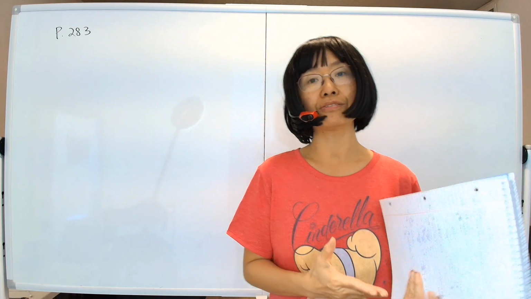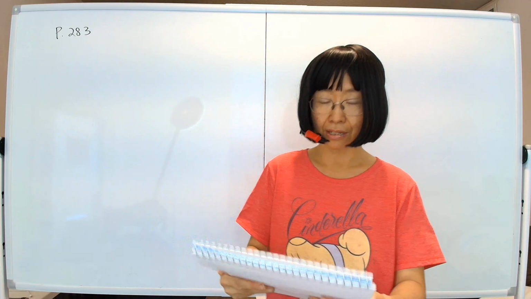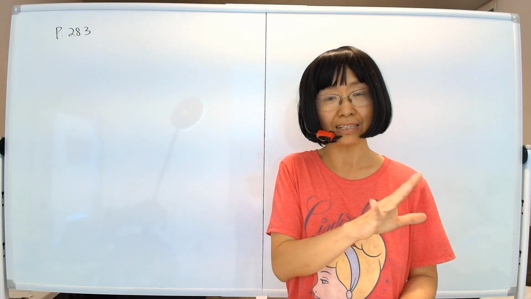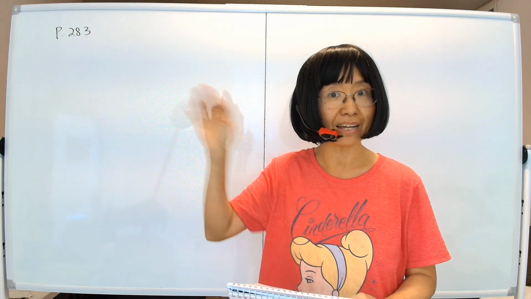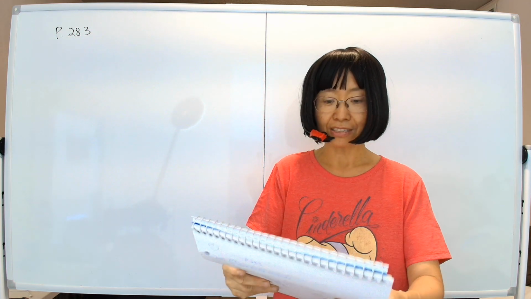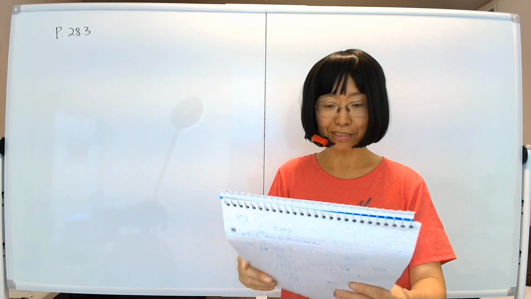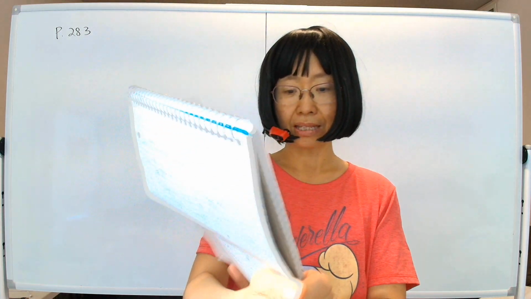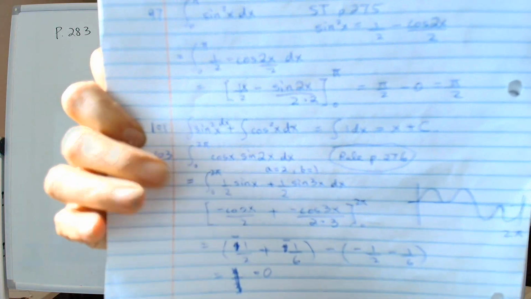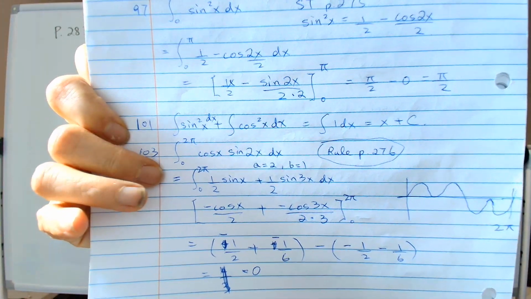So you follow the rule on page 276, where you have sine ax cosine bx equal to a bunch of stuff added together. So you plug it into one of the formulas in there, and in this case a in the formula will be equal to 2, b in the formula will be equal to 1.